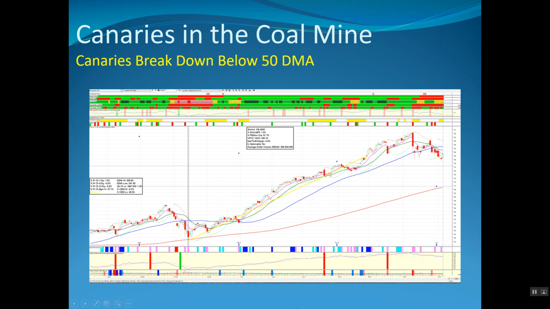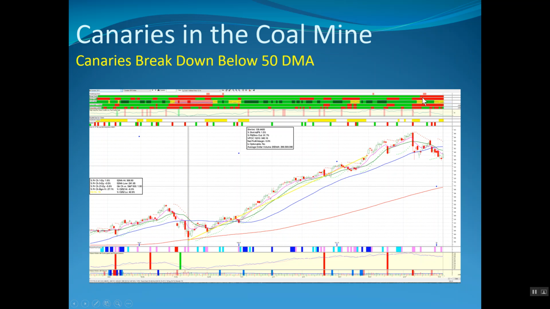Now, the interesting thing is, if I actually followed everything that I say, and I do follow it pretty closely, frankly, early June, these things broke down, and when you broke below the 50-day moving average, that was certainly a sign that you needed to be careful in this market. And you can probably tell by my tone over the last 6 weeks or so that I've been much more cautious than I was previously.